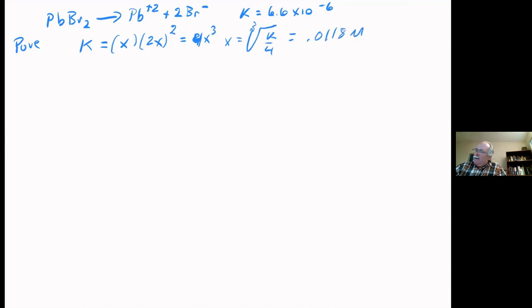0.0118 molar. Now, I think in Gen Chem 1 you were calling this an insoluble salt, and it isn't that insoluble. You can't make a molar solution of it, but you could make a 0.01 molar solution of it. A saturated solution is 0.0118. Let's say lead is unhealthy for you.